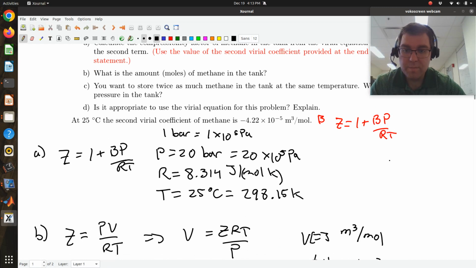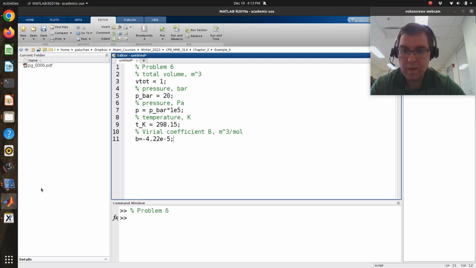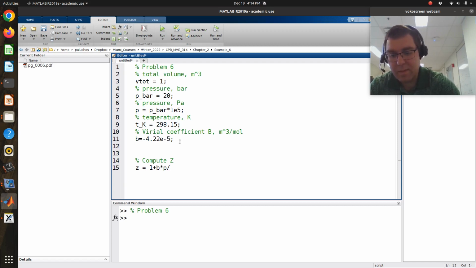Okay, cool. So then calculating Z. Z was equal to 1 plus B times P, where P is in SI units, in pascals, divided by RT. So let me come back up here and get our molar gas constant, R, in joules per mole Kelvin.